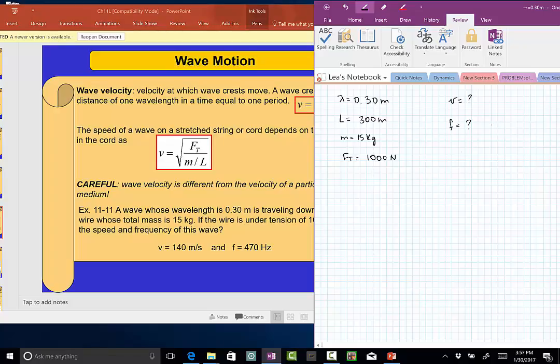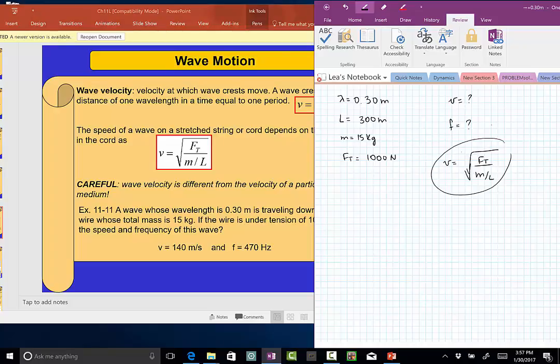For the speed, look, they gave us tension, mass, and length. So we can just go for this equation here. To find the speed, I just use the square root of the tension force divided by mass divided by L, divided by this density. Use this equation to find the speed, 140 meters per second.